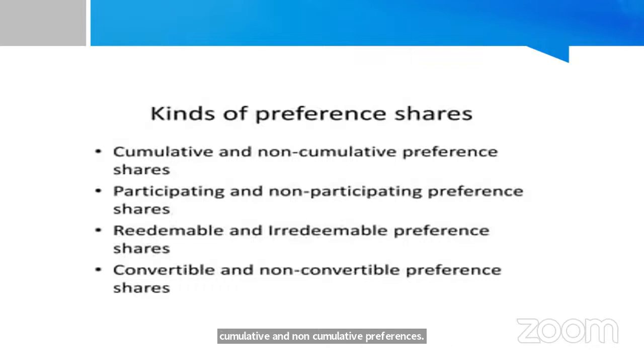Cumulative preference share refers to, supposing a company has not been able to pay the dividend for a certain year or for a certain number of years, then cumulative preference shareholders have the right that in any year the dividend is declared, they receive for those years they have not received.